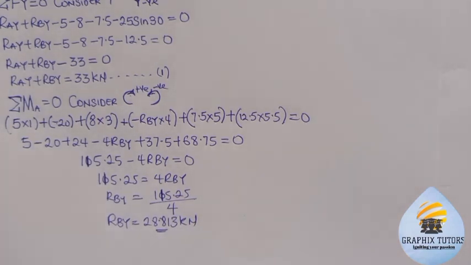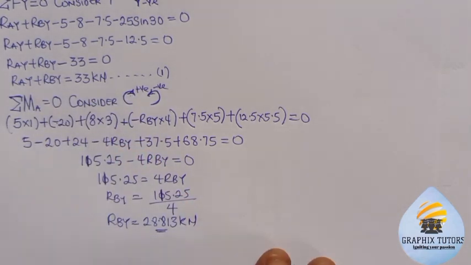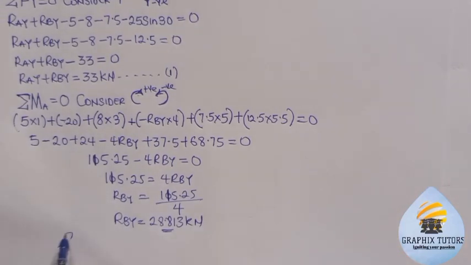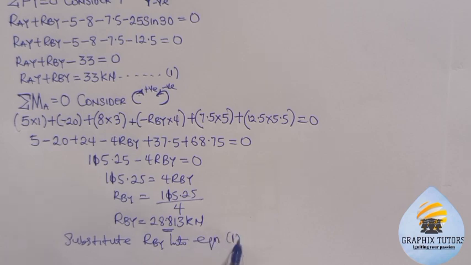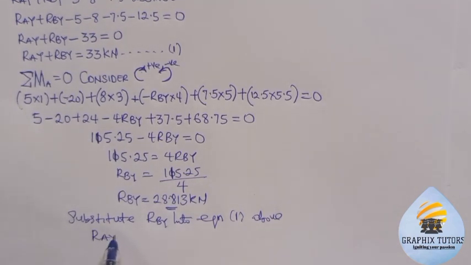So we will now substitute this RBY into equation 1 above. Now this is equation 1 here. So equation 1 above is telling me that RAY plus RBY will be equal to 33.